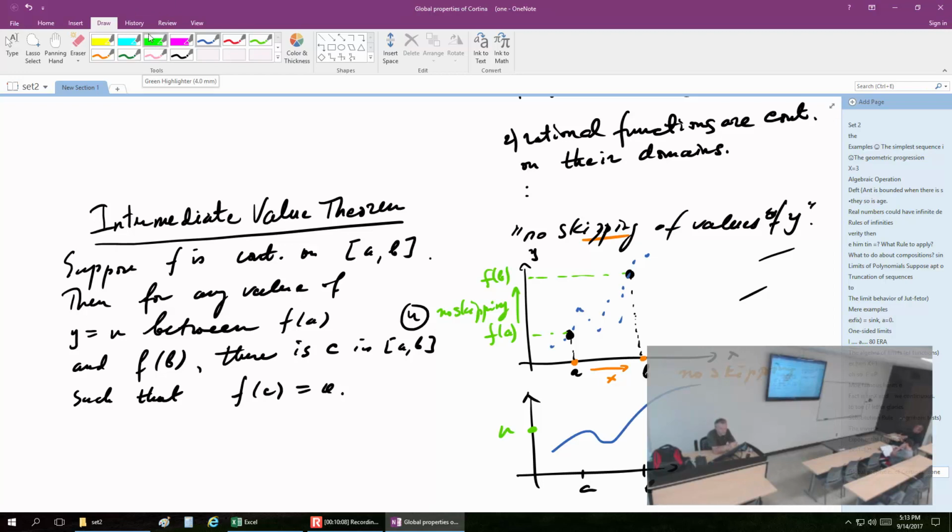And then we go backwards from u, like this, until we hit the graph and then go down, and this is how we find our value of c. Okay, so that's the meaning of it. No skipping of values in the intermediate value theorem means that every intermediate value between f of a and f of b is not missing.